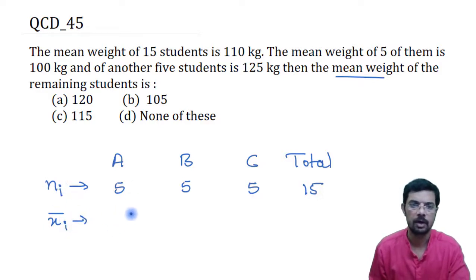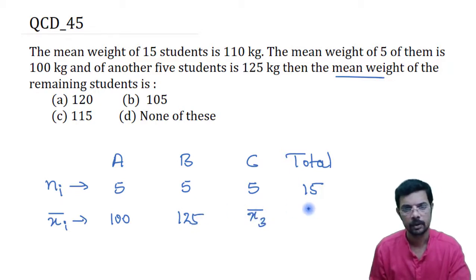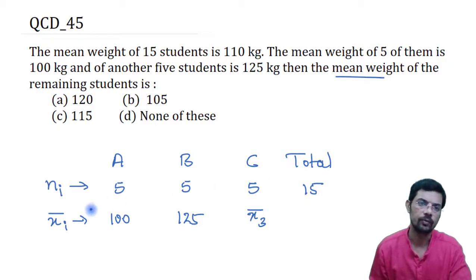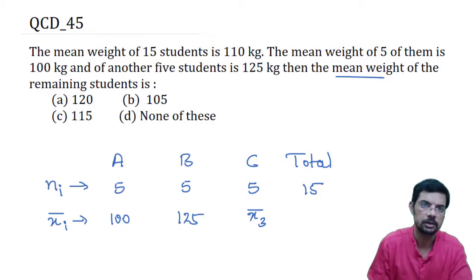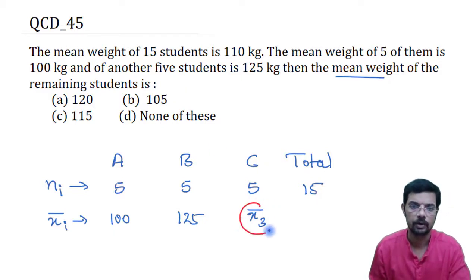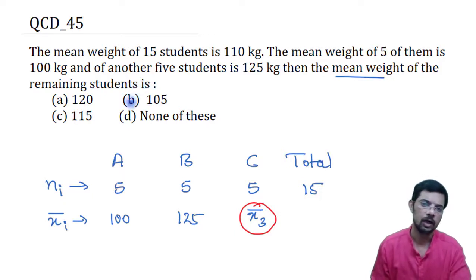The x1 bar will be the mean weight of the first 5, which is 100 kg. Of the second 5 students it is 125 kg. We don't know about the third, so we'll take this as x3 bar. This is what we need to find, the mean weight of the remaining 5 students. So how to do this?